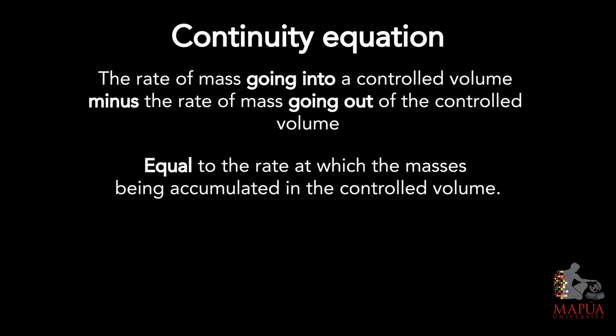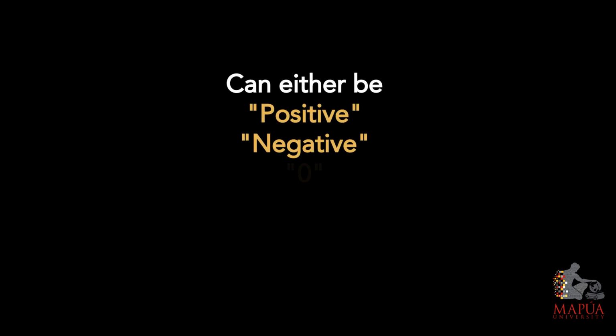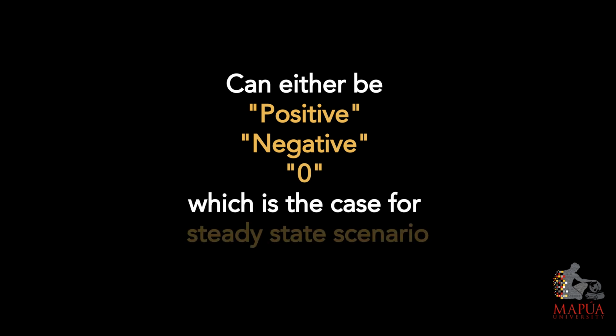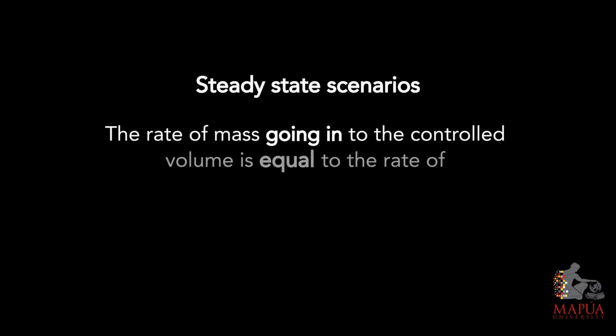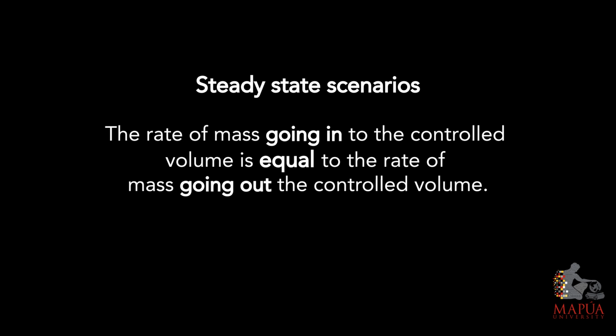The right-hand side of the equation can either be positive, negative, or zero, which is the case for steady-state scenarios. In steady-state scenarios, the rate of mass going into the controlled volume is equal to the rate of mass going out of the controlled volume.